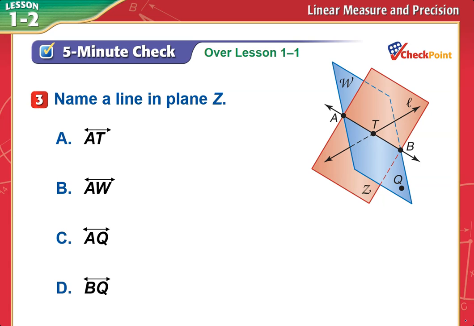Name a line in plane Z. Better yet, can you tell me a reason why line AW, line AQ, and line BQ are not in plane Z?